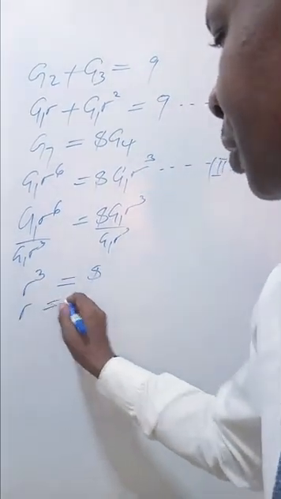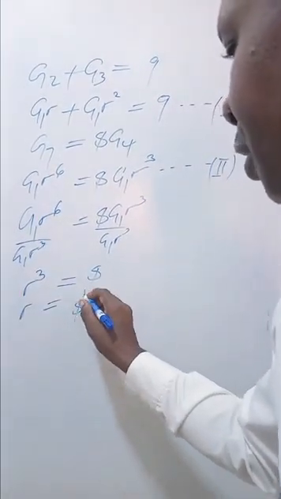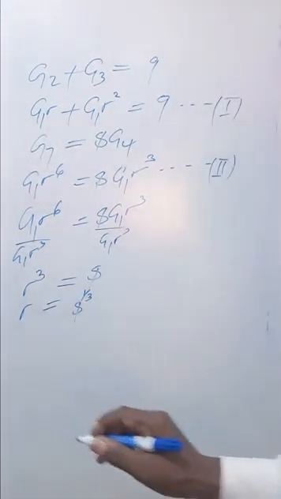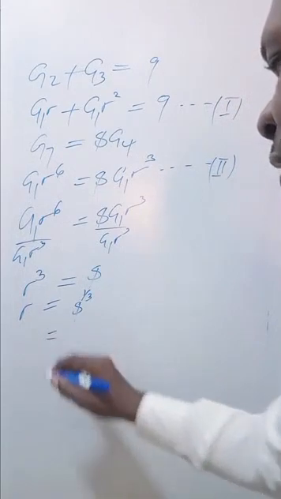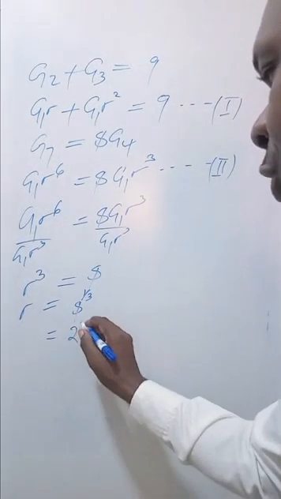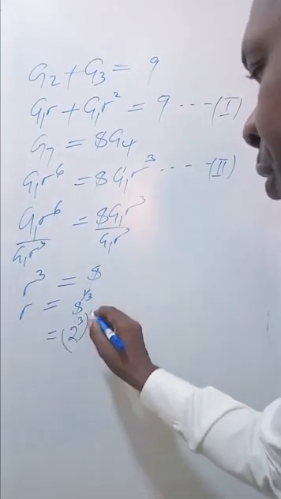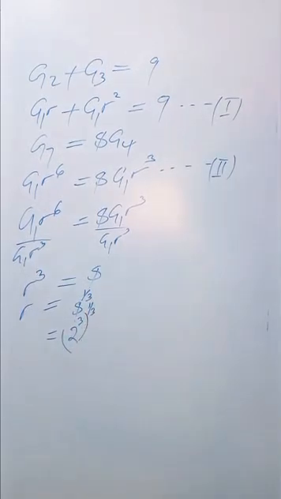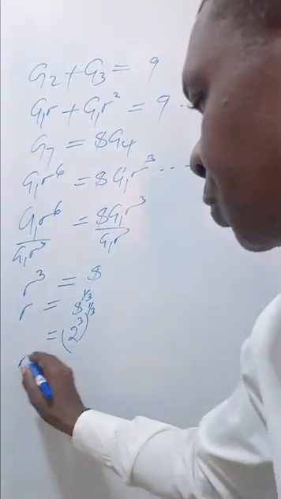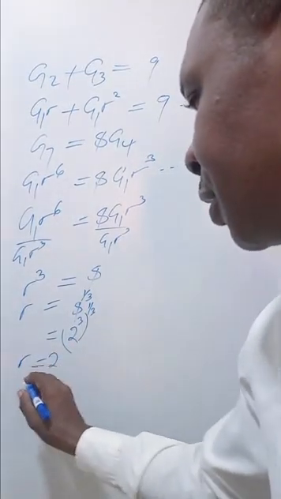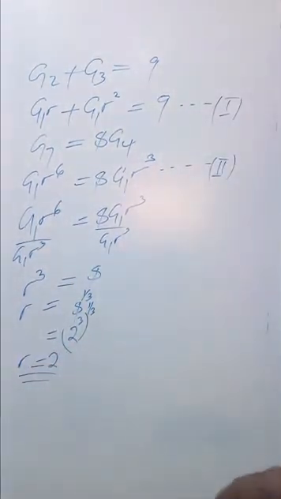So if we want our R, we have to take the cube root of 8. And what's the cube root of 8? Remember, 8 is 2 raised to power 3, so raise again to power 1 over 3. 3 times 1 over 3, this gives us 2. So we get our R equals 2.